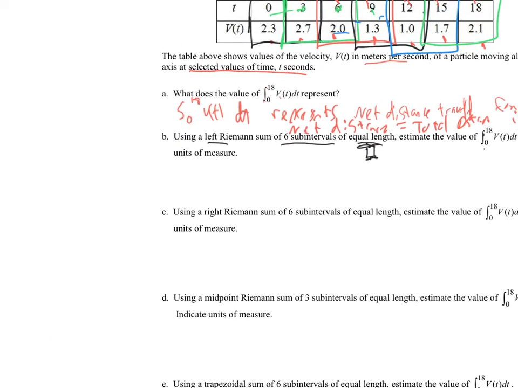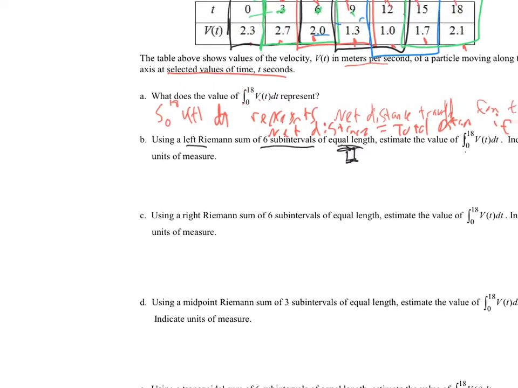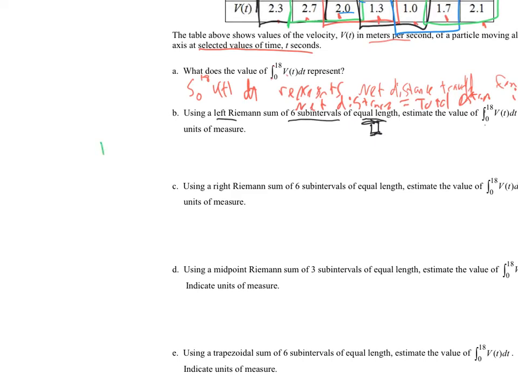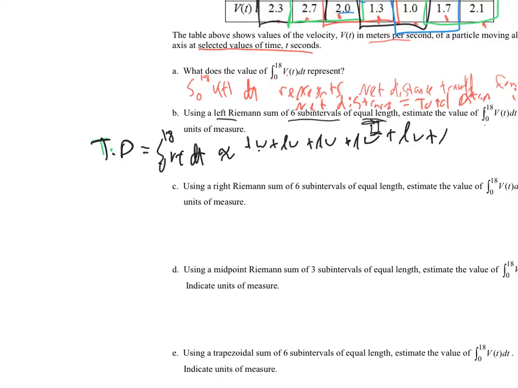So my area, my distance, I should say, my total distance equals the integral from 0 to 18 of v of t dt, which is approximately my length times width plus length times width plus length times width plus length times width. 1, 2, 3, 4, 5, 6.